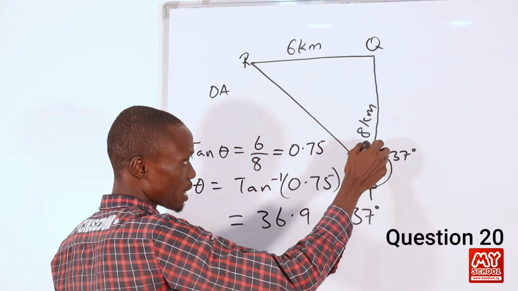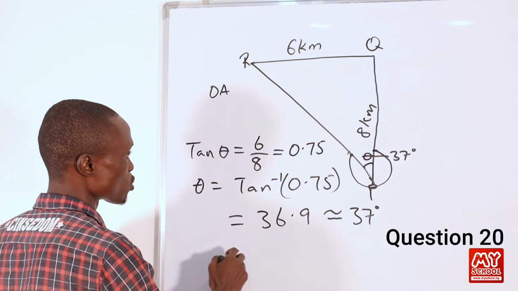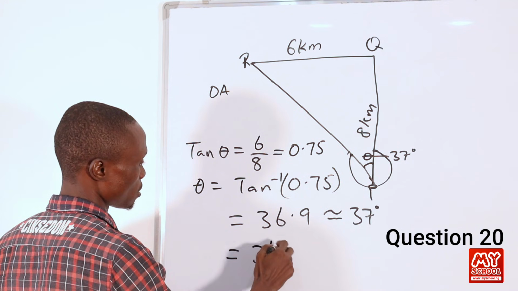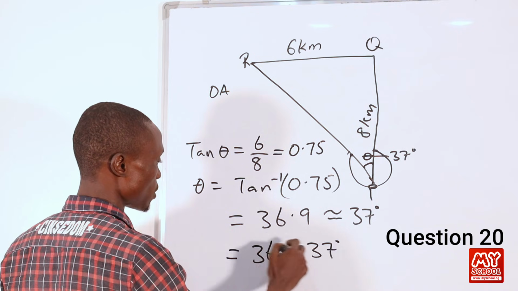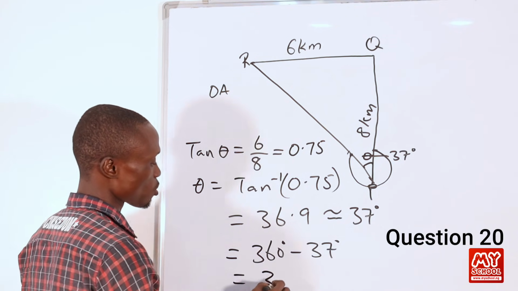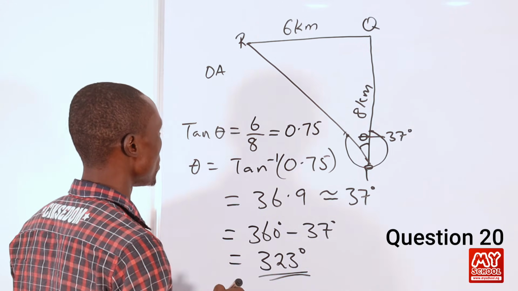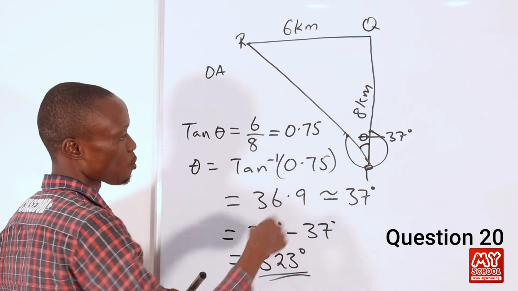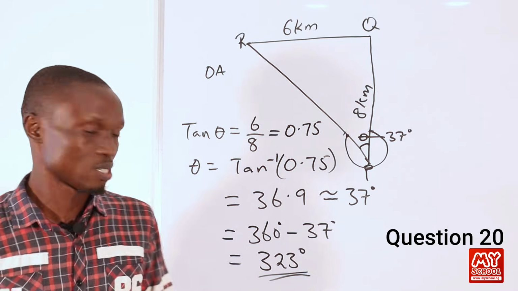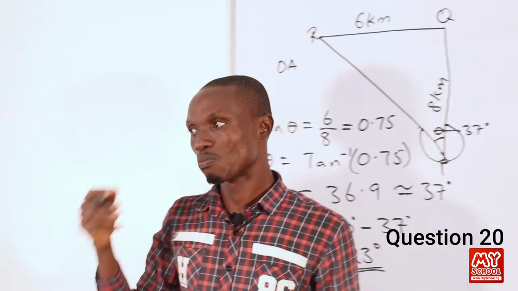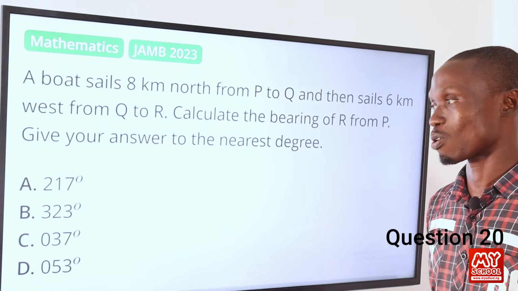So to get the angle from our starting point to this line, will now be equals to 360 minus 37 degree, and that will be equal to 323 degree. So we can say the bearing of R from P is equals to 323 degree. So let's move over to our screen to choose or to pick the correct option.